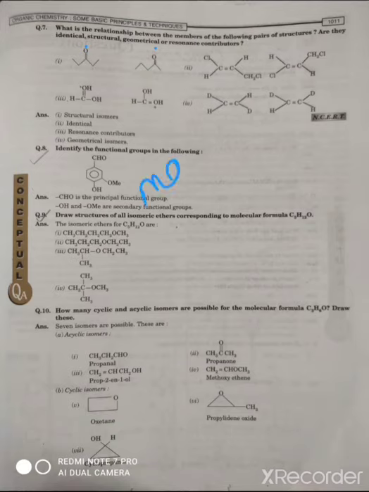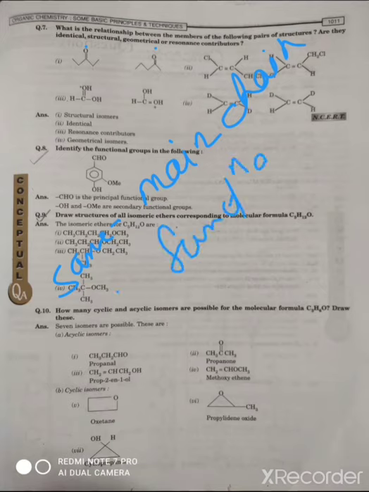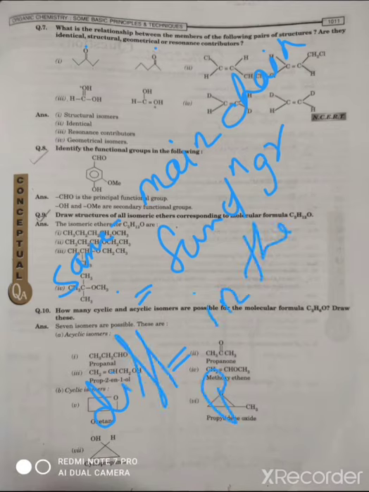The main chain is the same, and the functional group is also the same, but when you look here, there is a difference, and that difference is in the position of this group. This double bonded O here is on the second carbon, and here it is on the third carbon. So the position of the double bonded O, that is the ketonic group, is different.